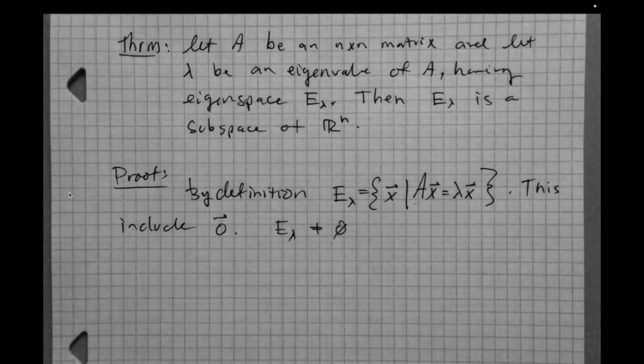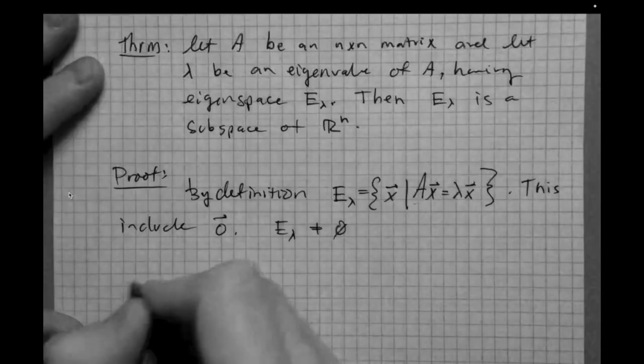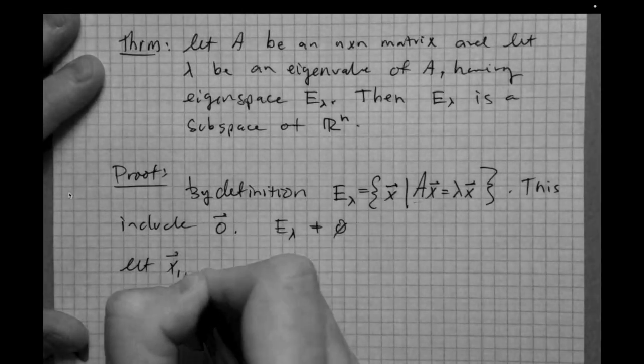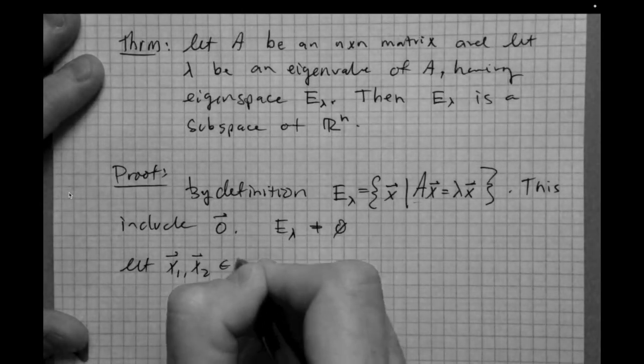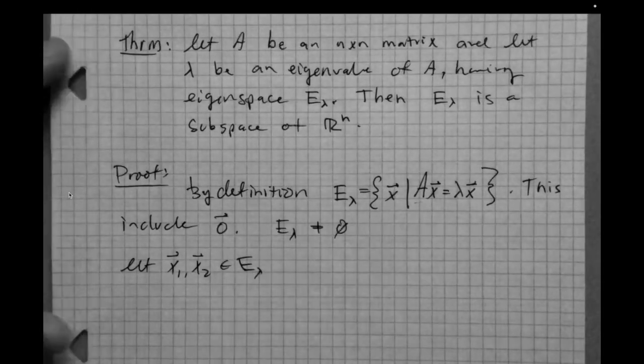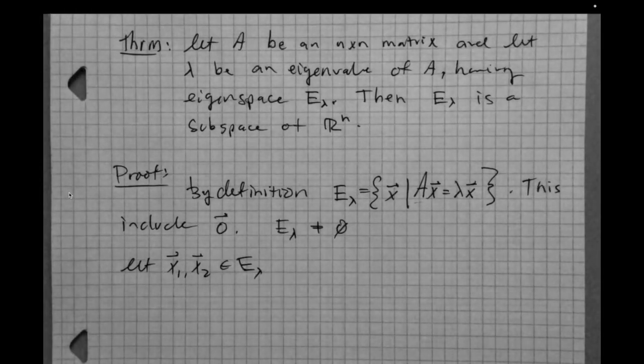Okay, and so that means we just have to prove that it's closed under addition and scalar multiplication in order to show that it's a subspace. So let's let x1, x2 be two elements in the eigenspace, and we need to add them together and show that their sum is in the eigenspace.